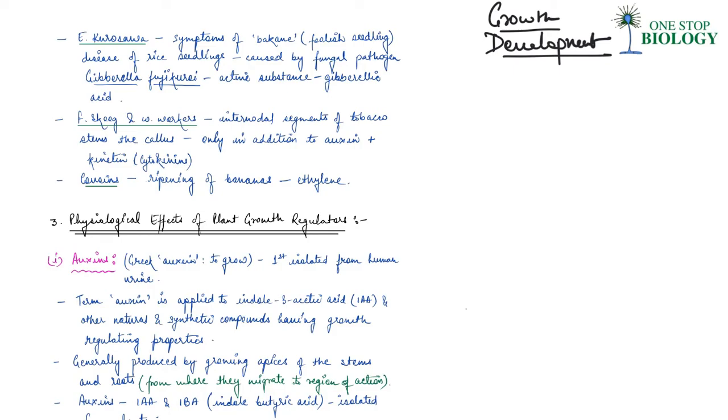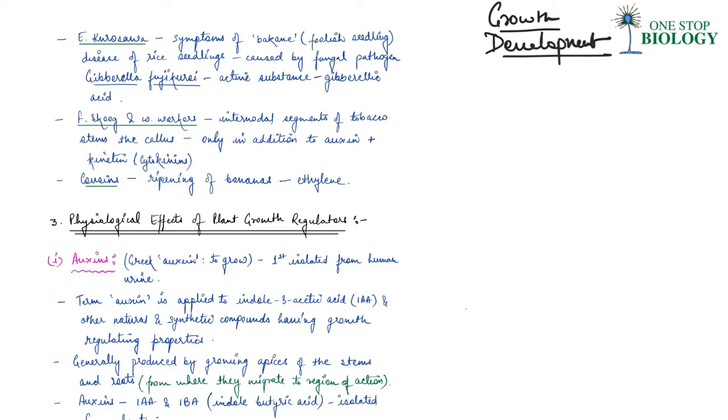F. Skoog and his team observed, from the internodal segment of tobacco stem, callus. Callus is what? It is a mass of undifferentiated cells. It proliferated only if we added auxin in the nutrient medium, right? When auxin was supplemented, they used to grow.